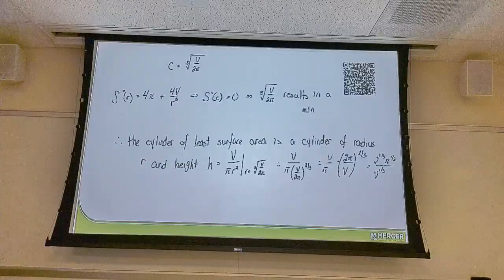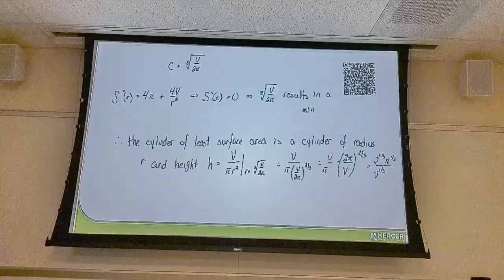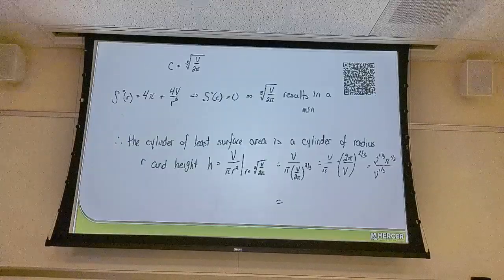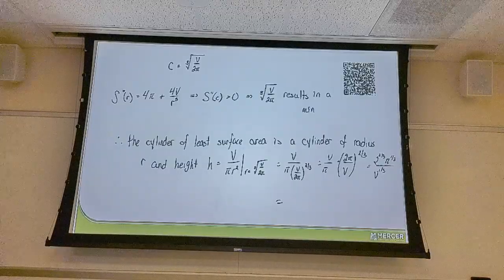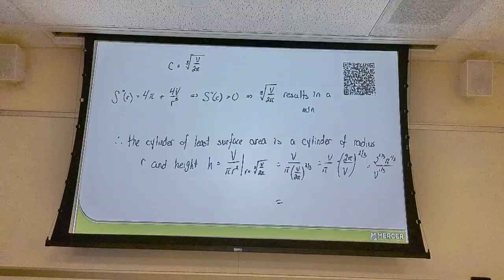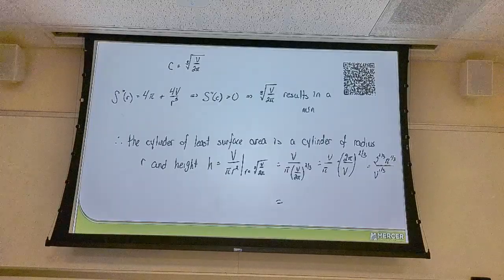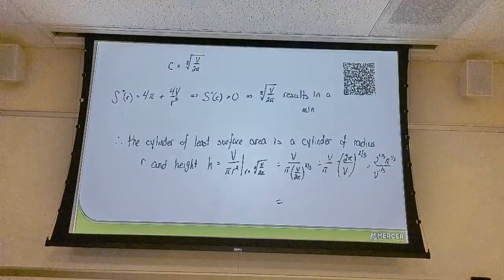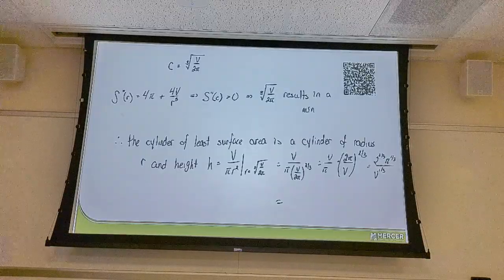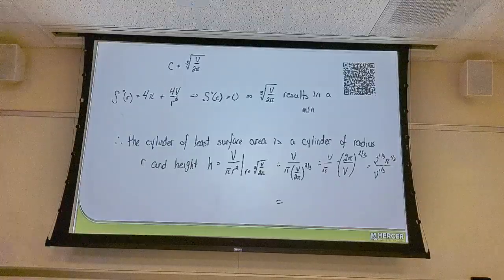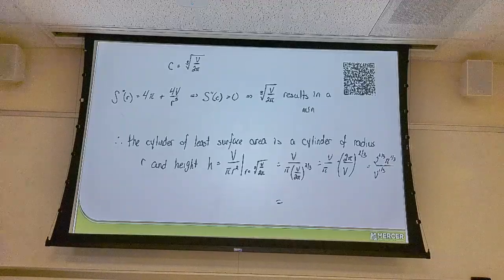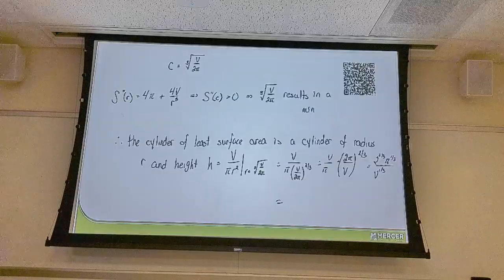Yep, okay. r has to be that. Oh, I got it. How the hell do I get 2r out of that?